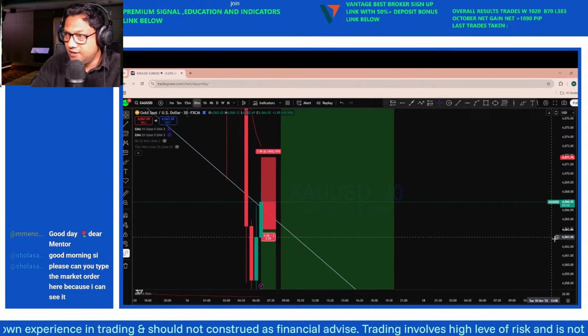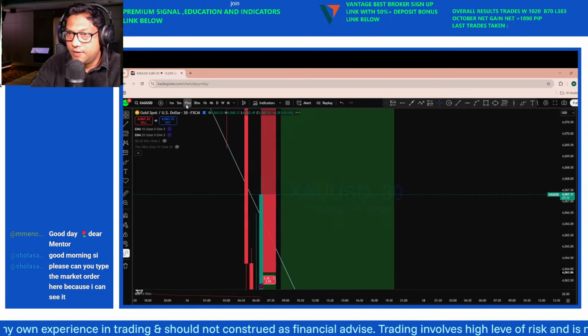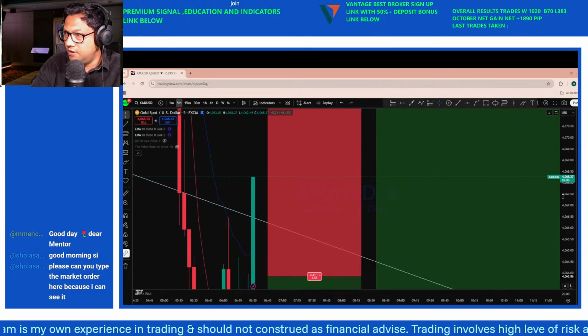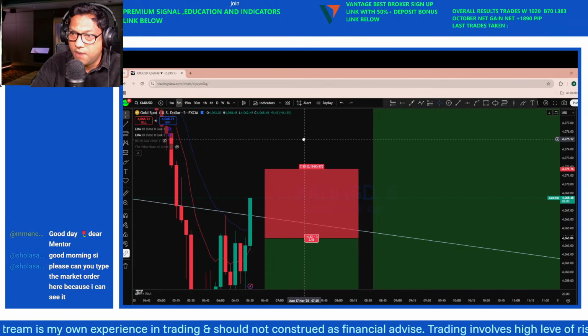So looking at the lower time frame, it's very unusual, has broken above.